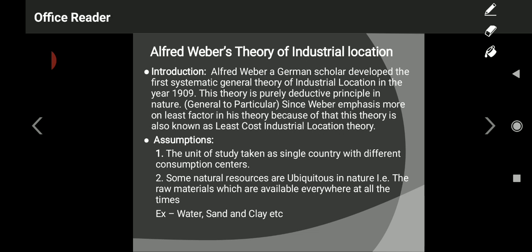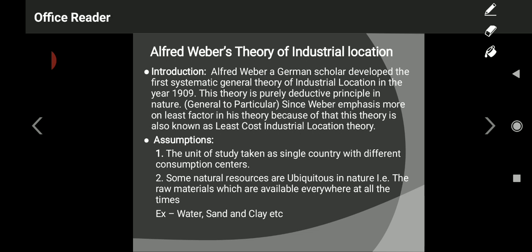Since Weber emphasizes more on least factor, listen to me very carefully. He is not only thinking of a deductive principle while selecting the location, he also emphasizes more on least factor.